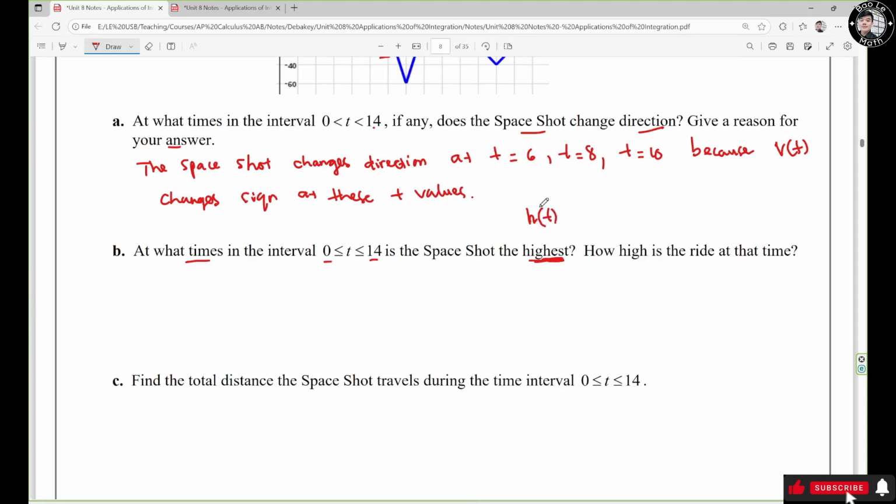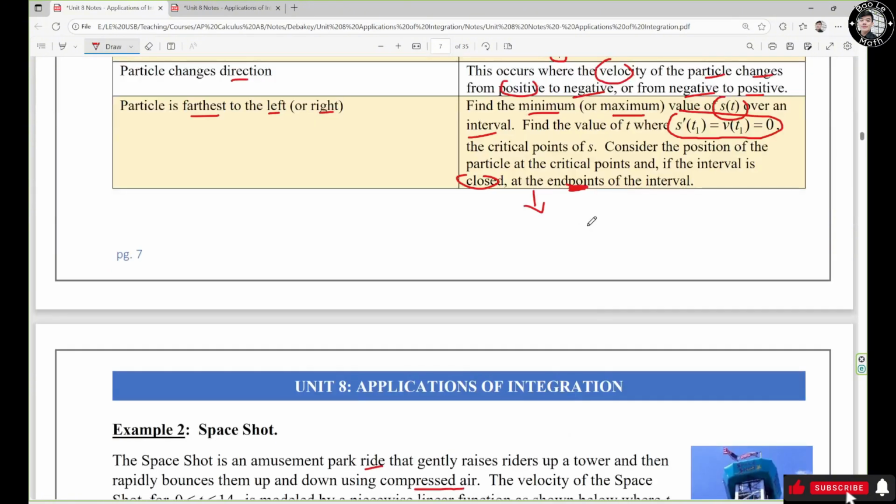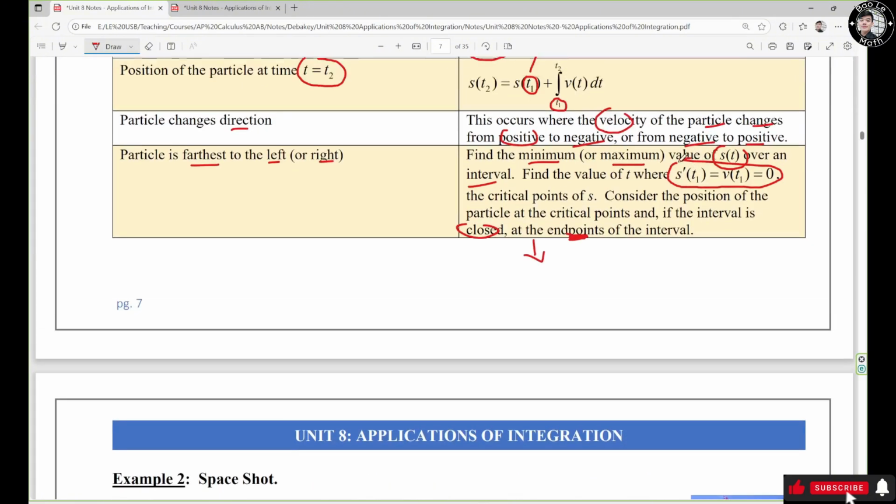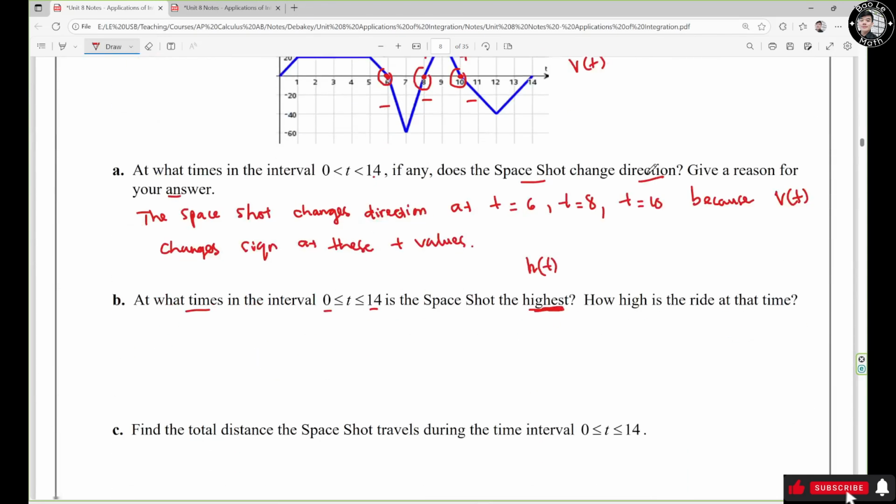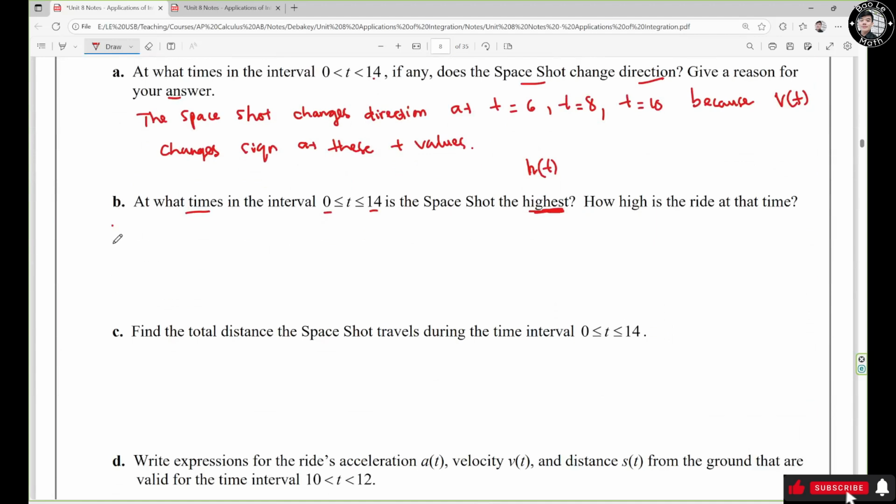In order to do this one, we need to find the first derivative and find the critical numbers, and we need to use the candidate test. Remember? So h of t is the height function. Now we need to take the first derivative of h of t. It's going to be h prime of t. This is actually v of t.